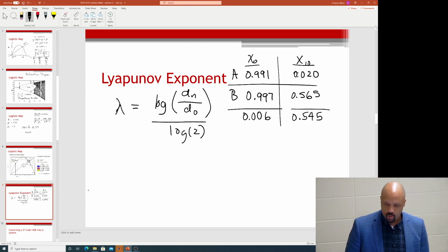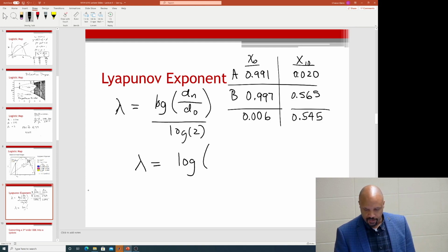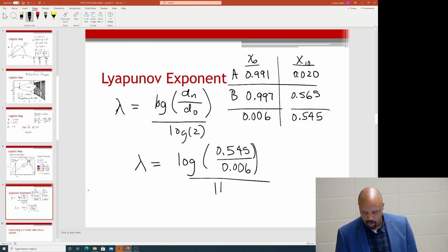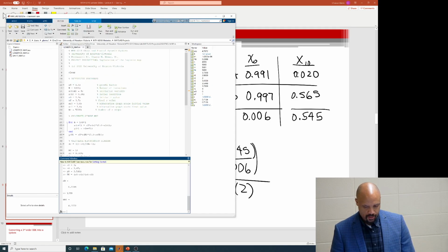All right, so then the Lyapunov exponent should be equal to the log of 0.545 over 0.006, and over log 2. All right, and we're going to figure that out. Use our trusty MATLAB.